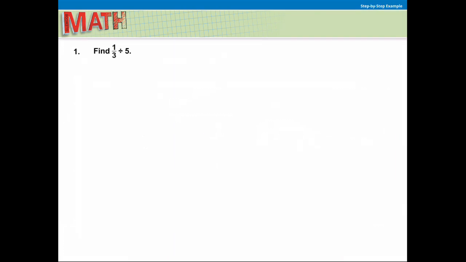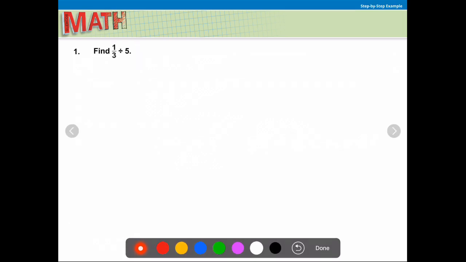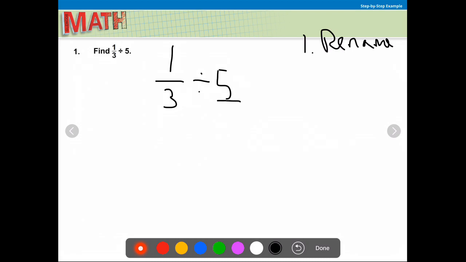Now let's see how that works with one of these. I'm going to start with 1/3 divided by 5, and my step 1 is rename. So I want to rename that whole number there, that integer, to a fraction. If it's a mixed number, we'll change it to a fraction.